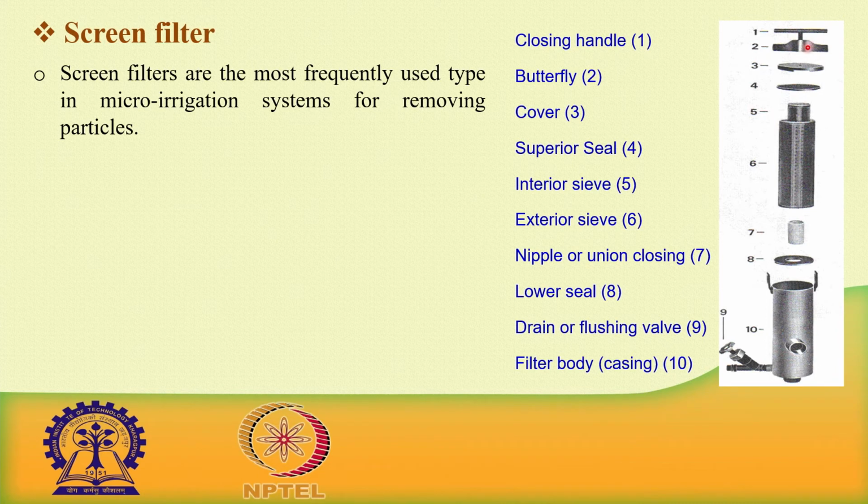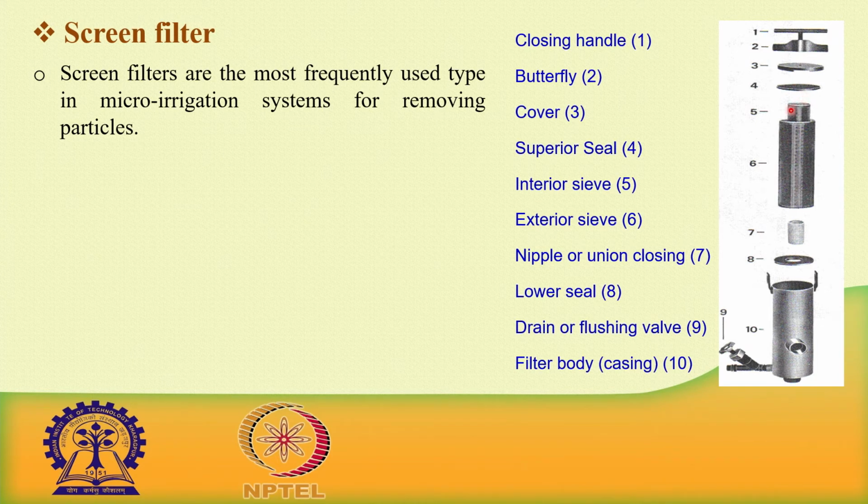So, this butterfly and then the cover is kept on the top of this one, and then there is a superior seal provided on the top, so that the water will not come out of this particular screen filter. There is an internal sieve. This is a double candle system, which means there are two cylinders.